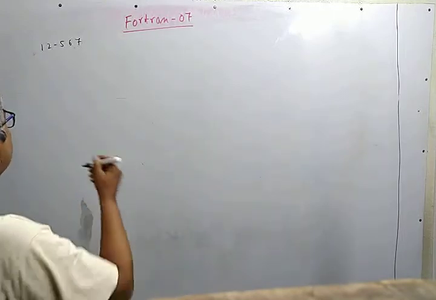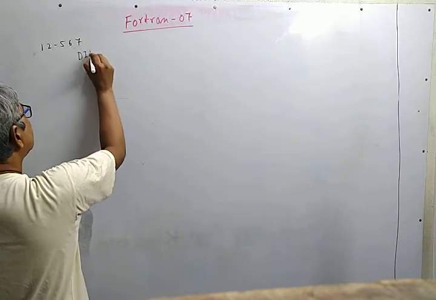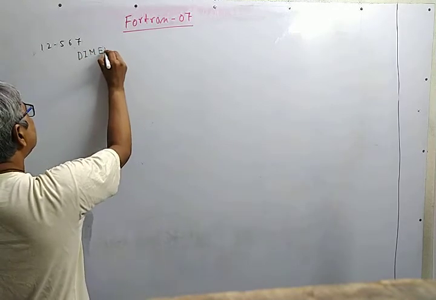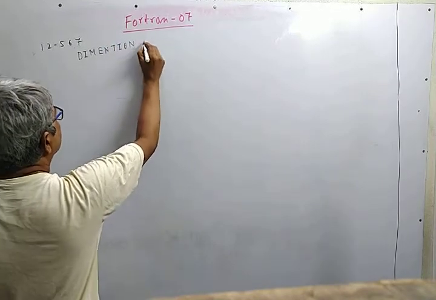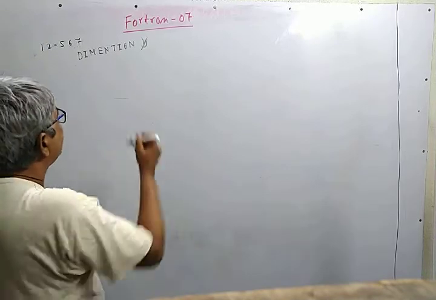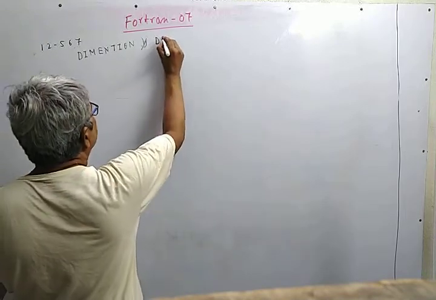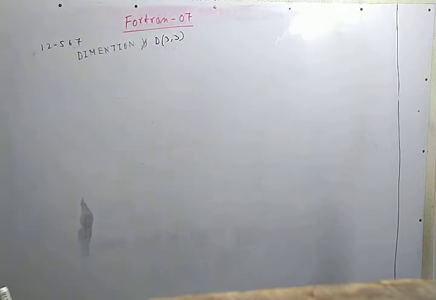So we write dimension, blank. We introduce d as 3, 3. This is a two-dimensional array.